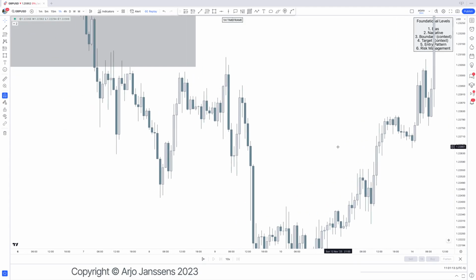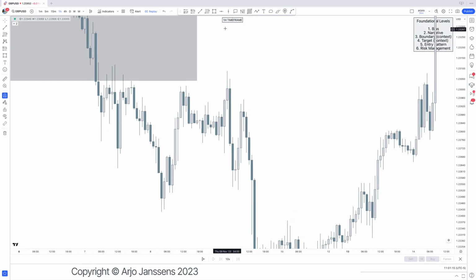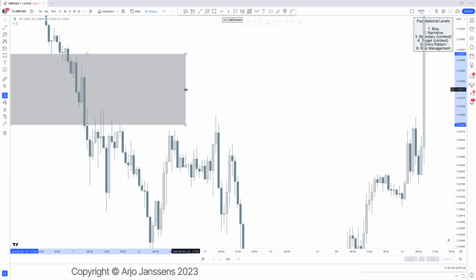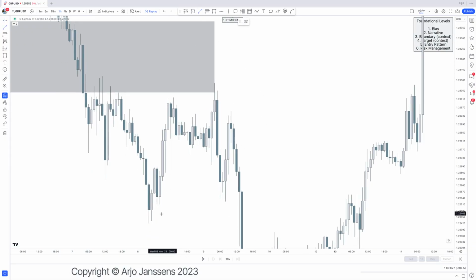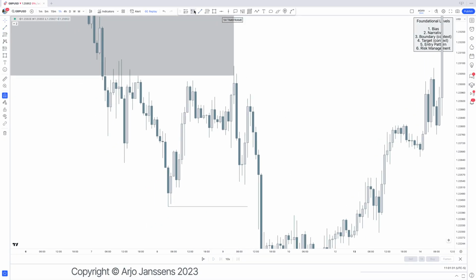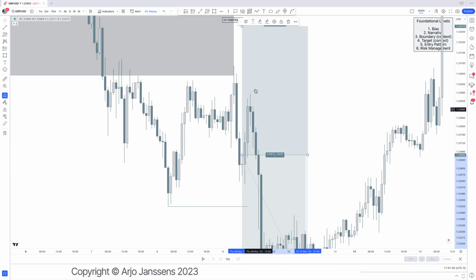Well, this is a little bit more difficult, because this lag, as you can see, is quite long. And quite long relatively seen to what? Quite long relatively seen to the overall daily context, because the daily context is this daily fair value gap towards the previous day low sitting right there. So yes, if you're using the flood concept, this would be the entry right there.